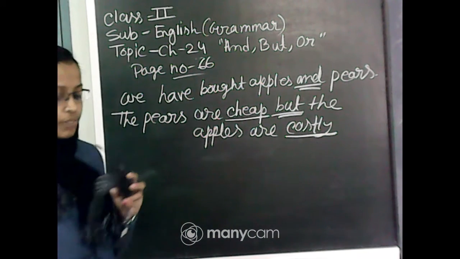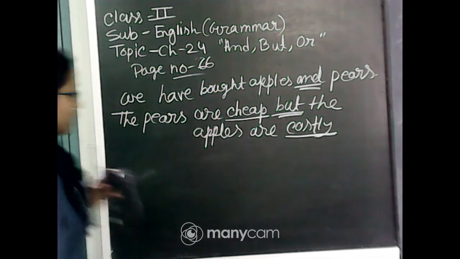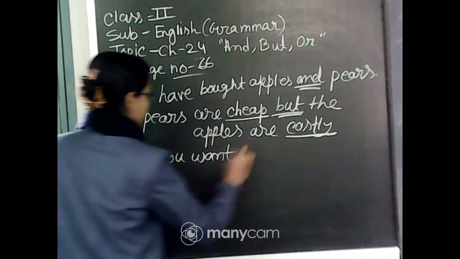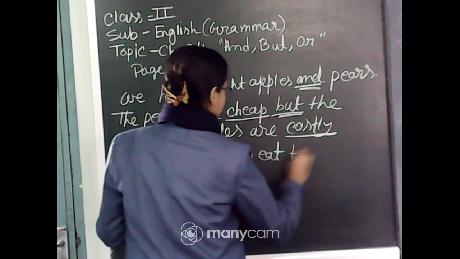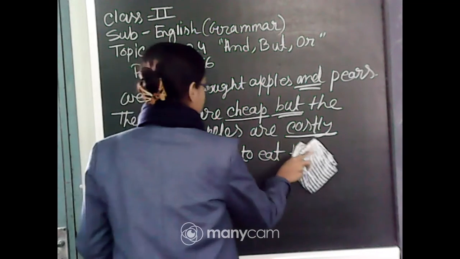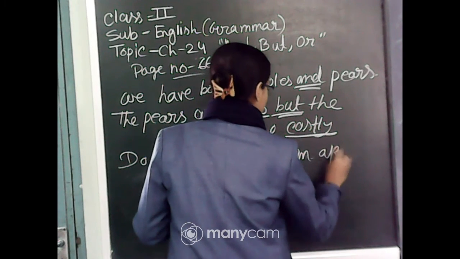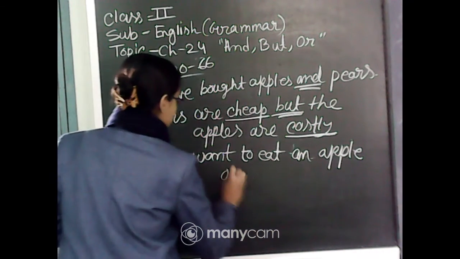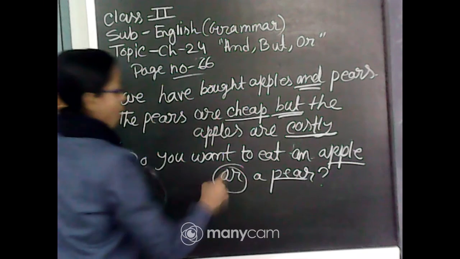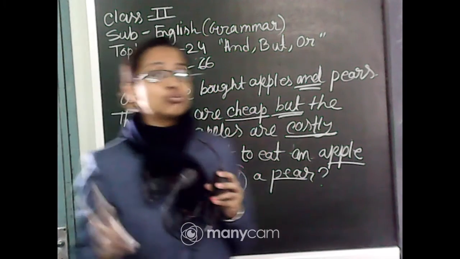Okay, and where we will use or, let's see. Do you want to eat an apple or a pear? Here we have used or because we can see it is saying to choose between two things, right?